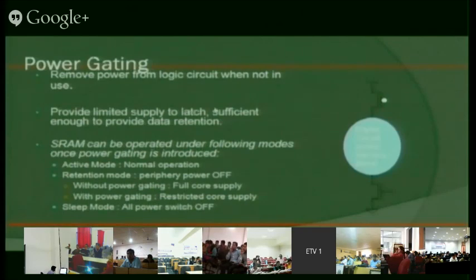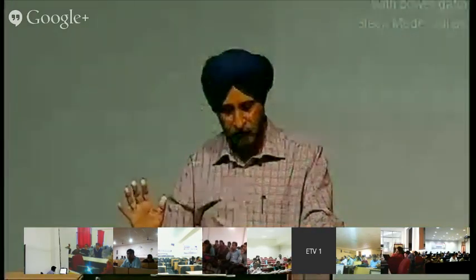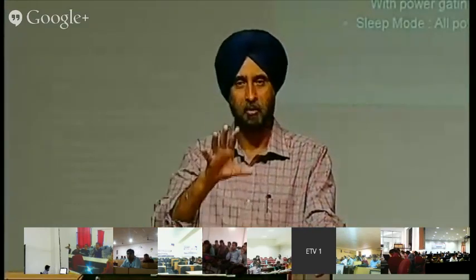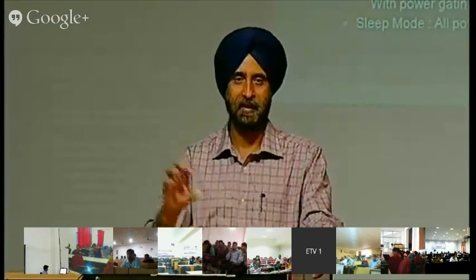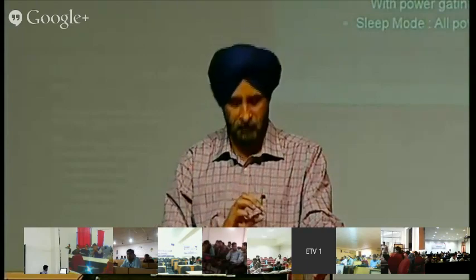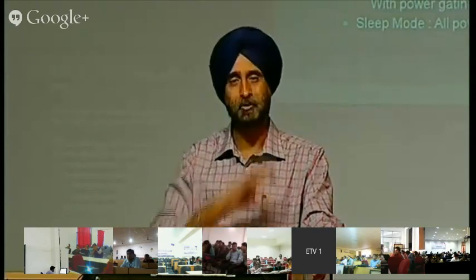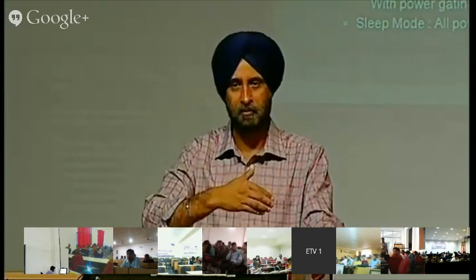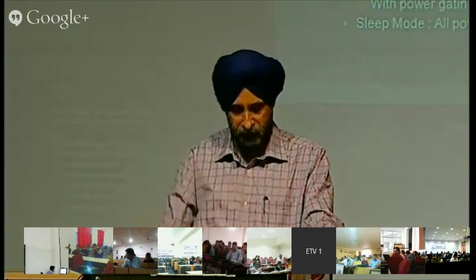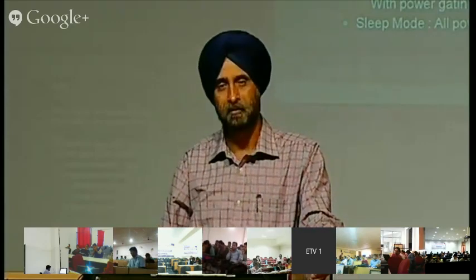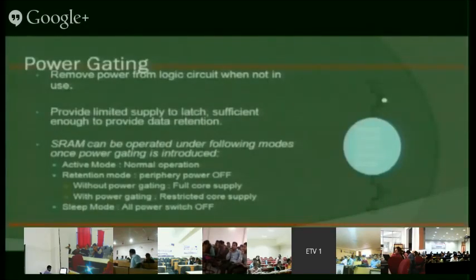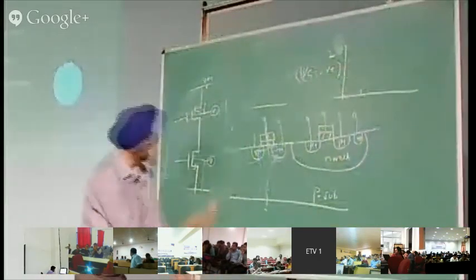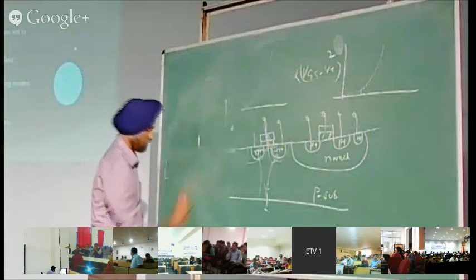In a memory, the peripheral circuits are fully off, and the core, meaning the memory where the data bits are stored, gets full core supply. Another option is you can give restricted core supply. I will explain it here, that will be much easier.